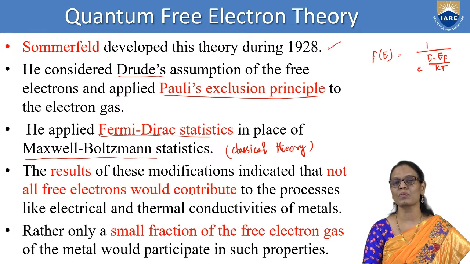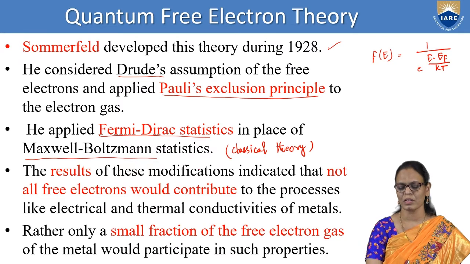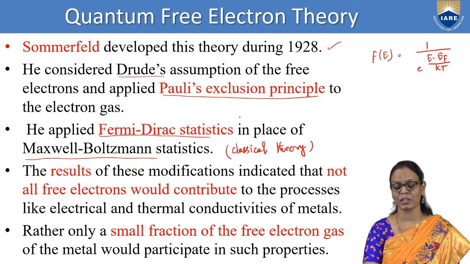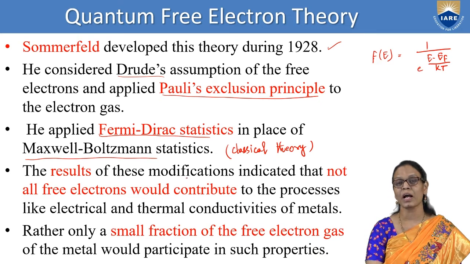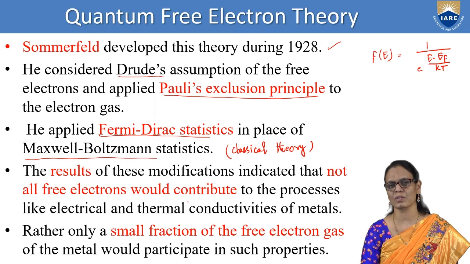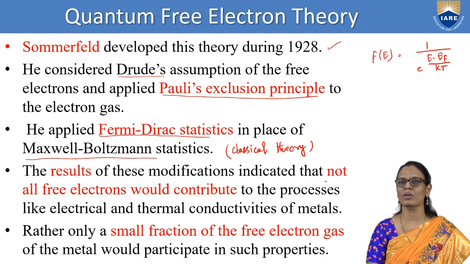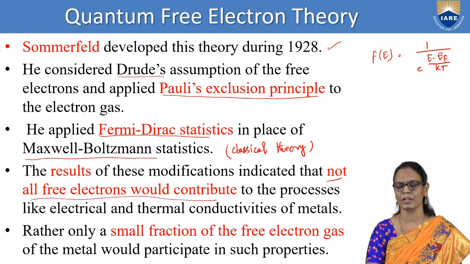But these are the people who first said, because they brought a theory which included Pauli's exclusion principle and the Fermi-Dirac statistics, that not all free electrons would contribute.